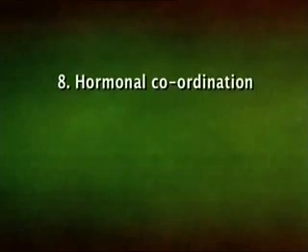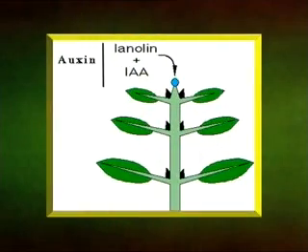Another important property of trees is their hormonal coordination. The hormones in the trees regulate a wide array of physiological and growth processes. Auxins are fixed as candidates for regulating apical dominance.